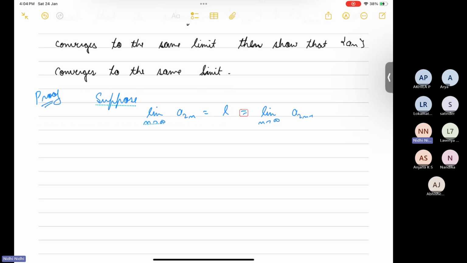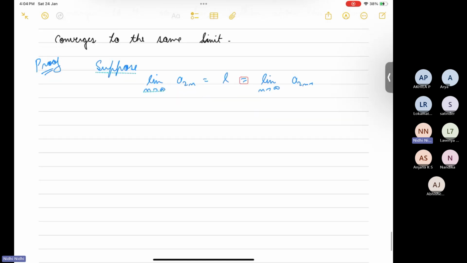By definition, for any positive epsilon, there exists a stage n1, calling it n1 for the first subsequence, such that mod a2n minus L is less than epsilon for all n greater than or equal to n1.